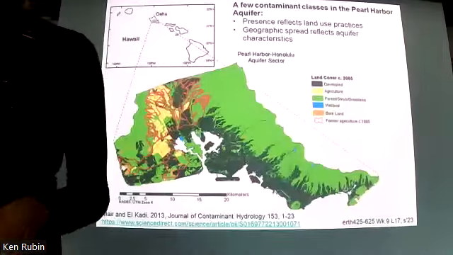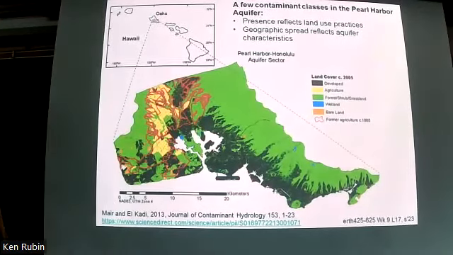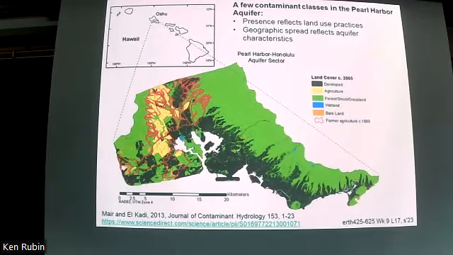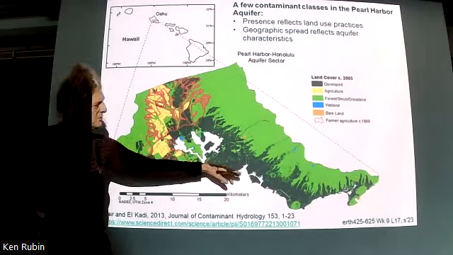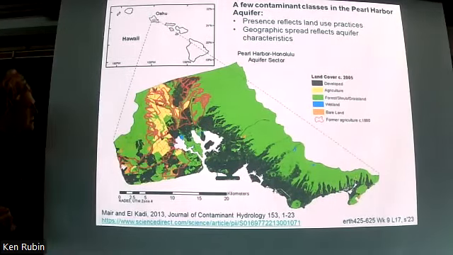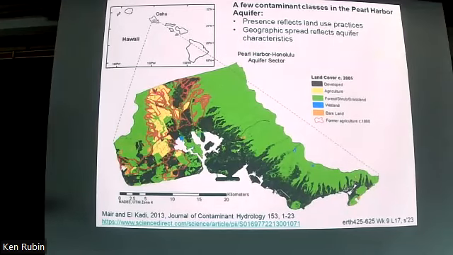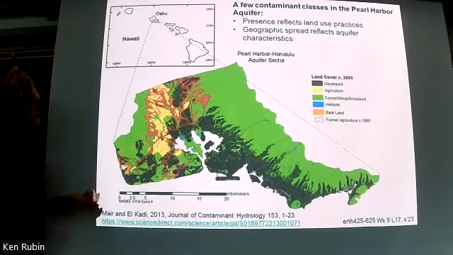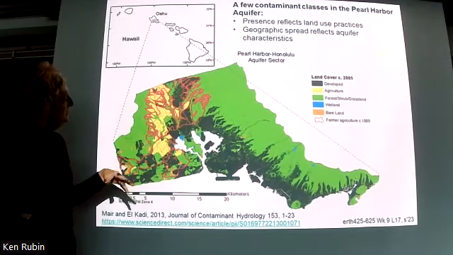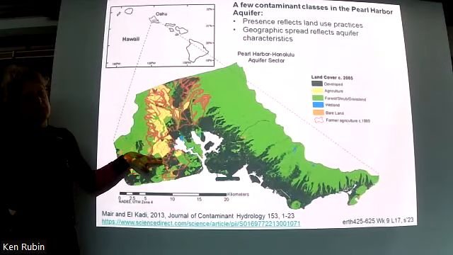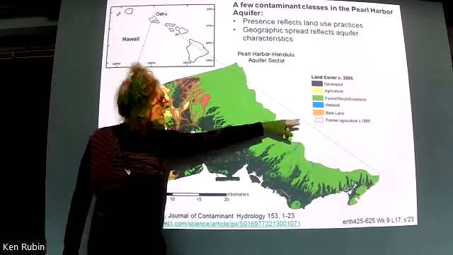And so relative to those aquifers, we also can think a little bit about the land use practices. On this diagram, all the areas in black are areas that are developed, urbanized. You can see in green the forests, and blue the wetlands. Yellow is what is being used for agriculture. Red is what used to be used for agriculture, going back to 1980.